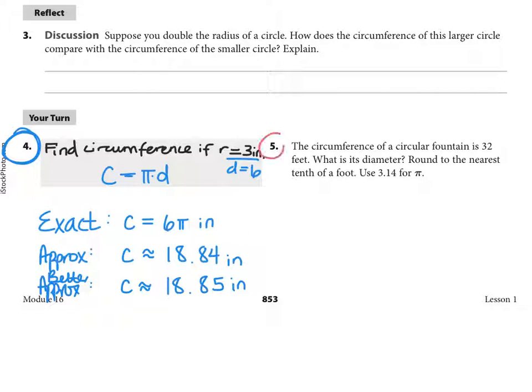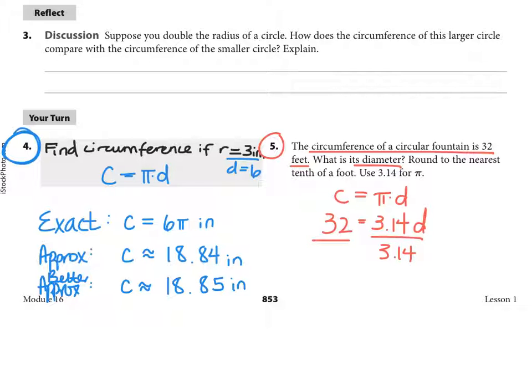Question 5 next says the circumference is 32. What's the diameter? So they're asking me to go backwards. I know that the circumference is pi times diameter, and the circumference is 32. They're telling me to use 3.14 for pi and to solve for the diameter. So to do that, we're just going to need to divide 32 by 3.14.